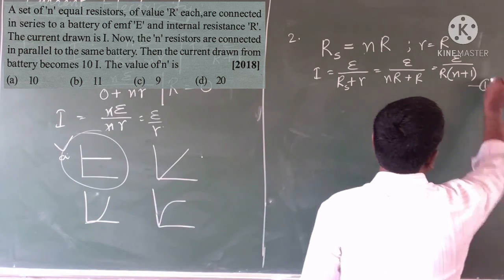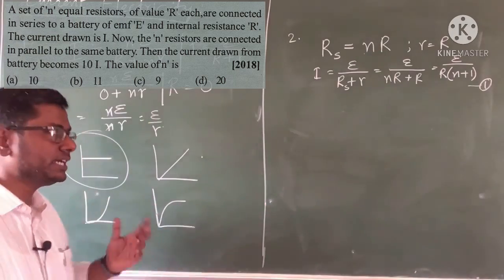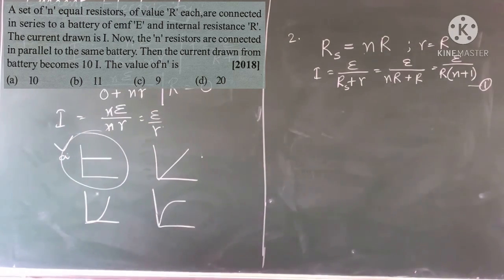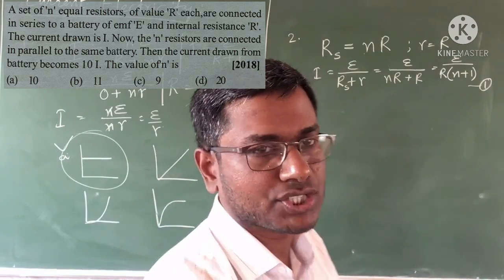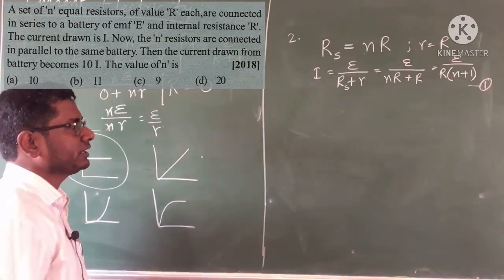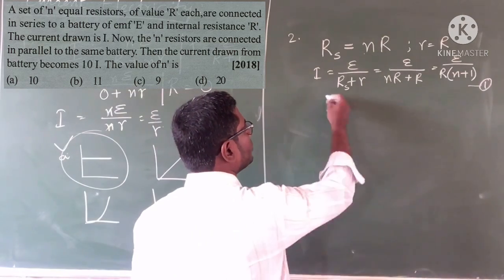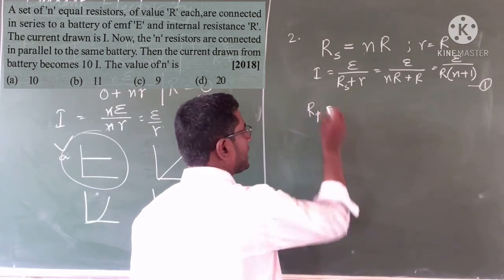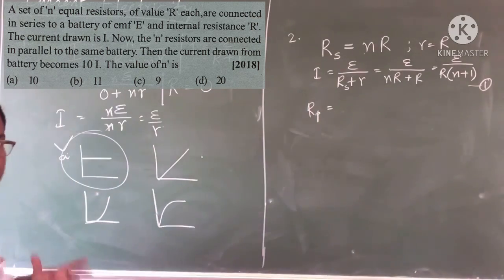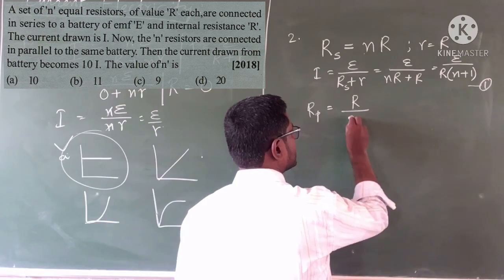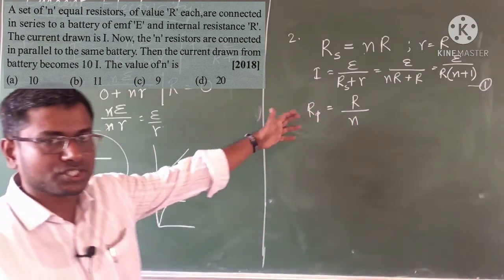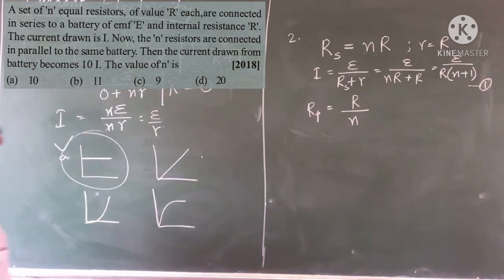This is equation 1. So this is for the series combination, such that there are n resistors in the series combination, and then there is a single internal resistor of the same value connected to the same setup. Now going for Rp, that is the parallel resistors. When I have the parallel resistors, what I had said while deriving the equation, if I got n resistors in parallel, the total resistance will be R divided by n.